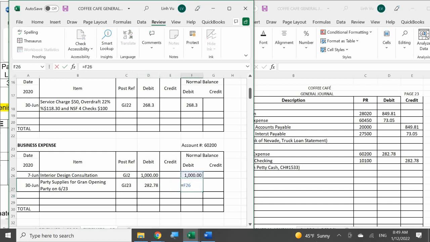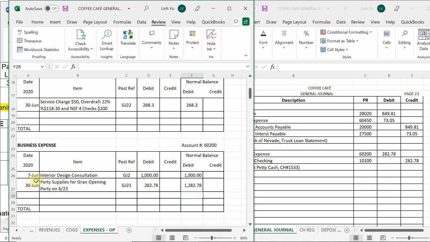So what is your grand total here? $1,272.78. Okay, 82.78. Good. Okay. And then we need to cut a check.